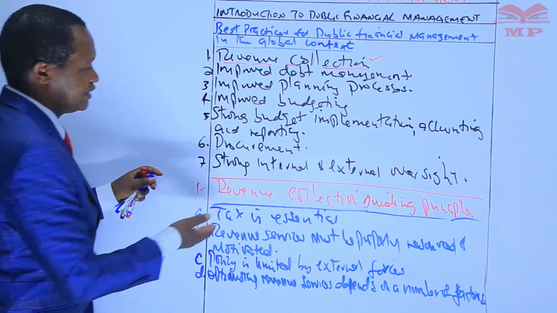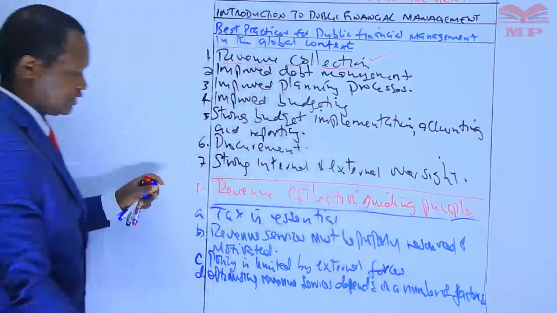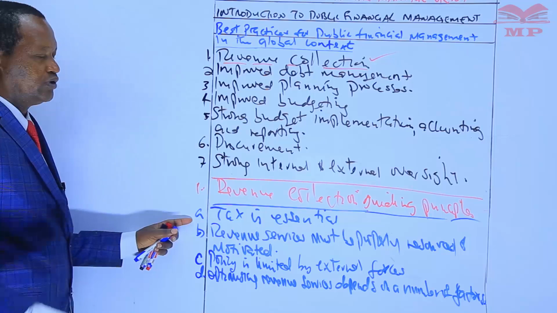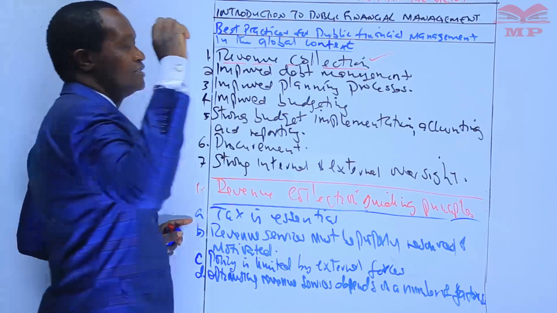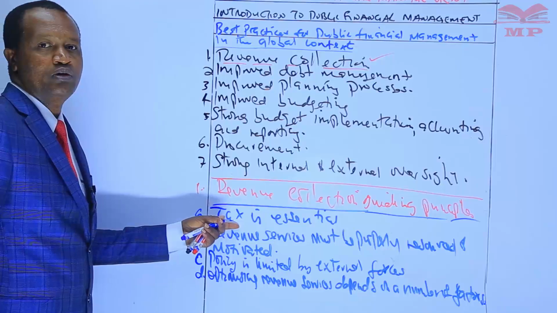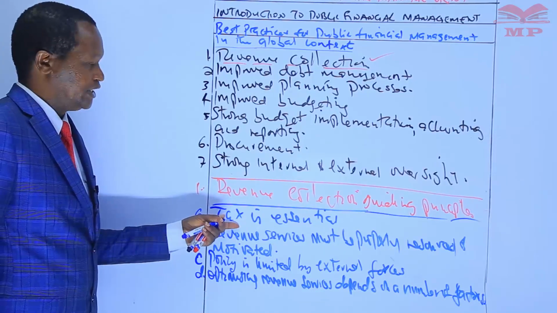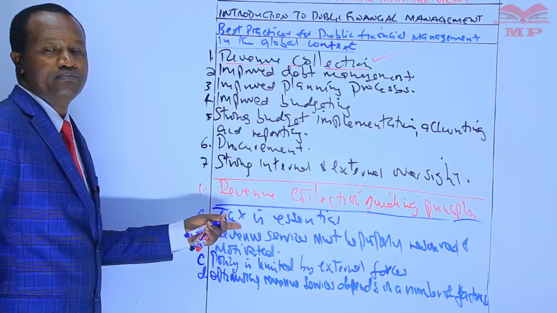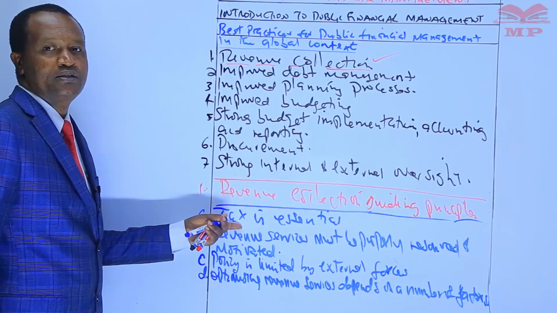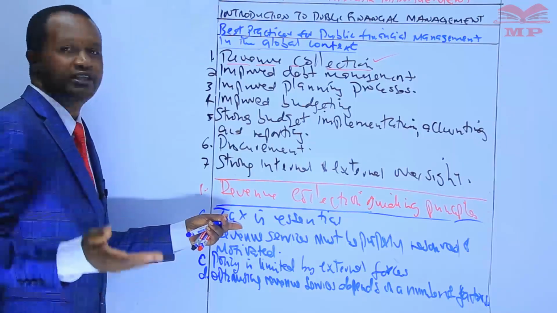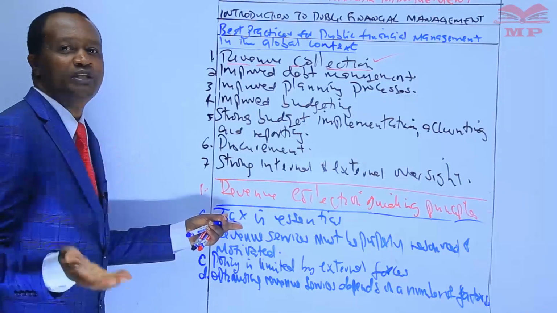So these are the revenue collection guiding principles. Number one, tax is essential. Before a government seeks donor funding, it has to be very keen on its taxation policy. Do you understand? Why? Because we've said tax establishes government's authority.